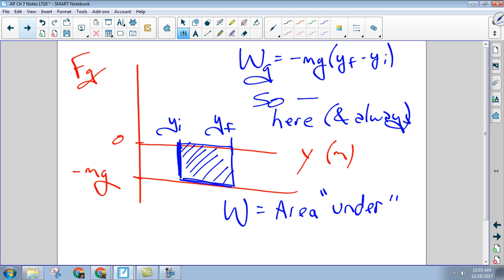Why did I put them in the little quotes there, you guys? Because it's actually the area between the curve and the x-axis. Very good. All right, so I'm just going to say area under the curve, and every time I say that, I mean the area between the curve and the horizontal axis. Follow?